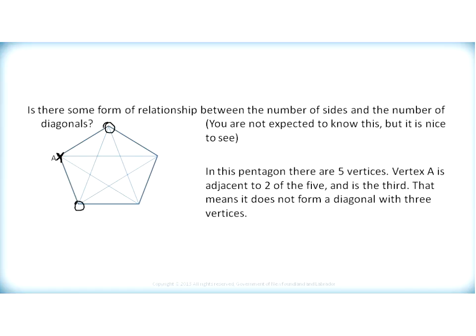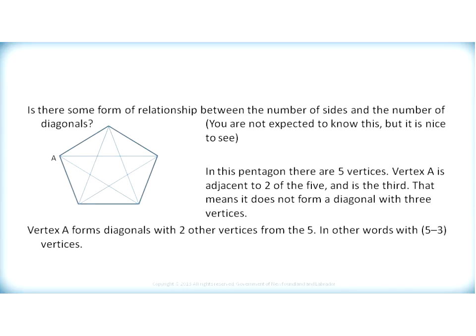So it is the 3rd vertex. That means it does not form a diagonal with 3 of the vertices, the 2 adjacent to it or itself. But it does form diagonals with the other 2 vertices, which we see here and here. In other words, it forms diagonals with 5 minus 3 of the vertices, which is 2.